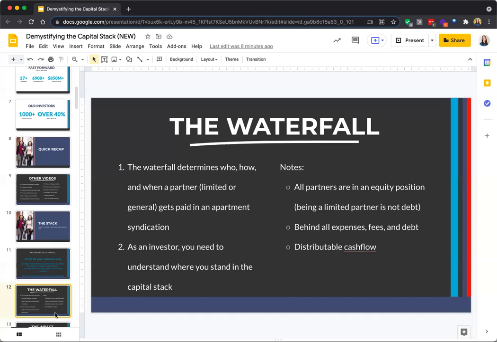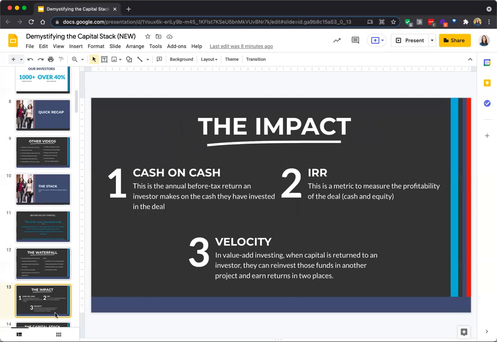And when we are looking at the waterfall, we're really understanding what the distributable cash flow is, and who, how, and when it will get distributed. On a finer nuance level, the reason you want to understand the capital stack or the waterfall is that it can impact your cash on cash return, which is the before-tax return an investor makes on the cash they've invested in the deal.